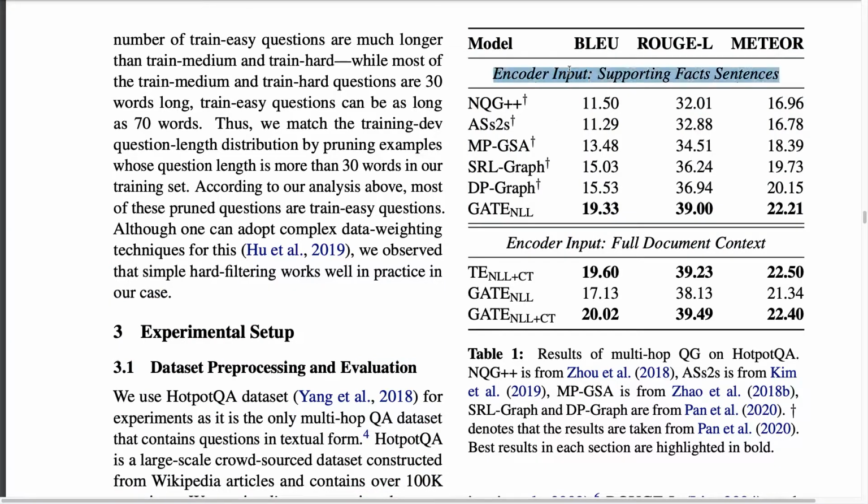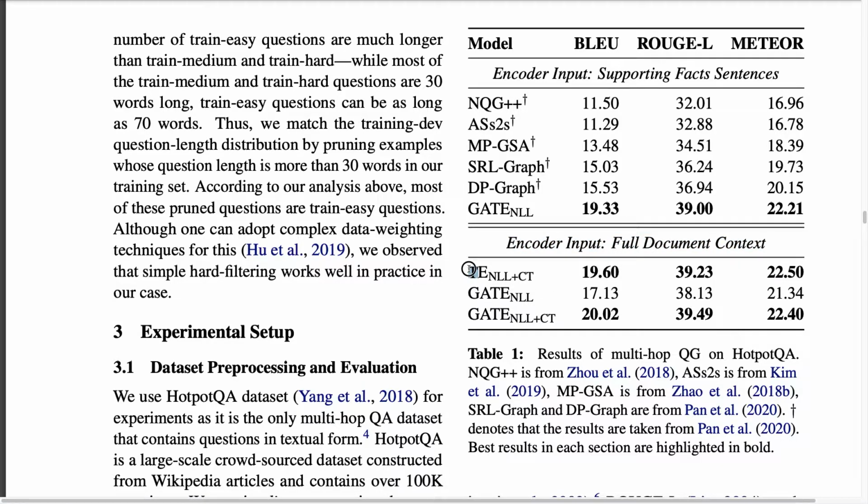The first is using only supporting facts extracted from those articles as input, and it's not working on the whole articles as a whole. This information is actually provided with the dataset as far as I'm aware. The second mode is to use the full documents as input. So taking documents, concatenating them, or using the special encoding mechanism, and then training the question generation model directly using those documents.